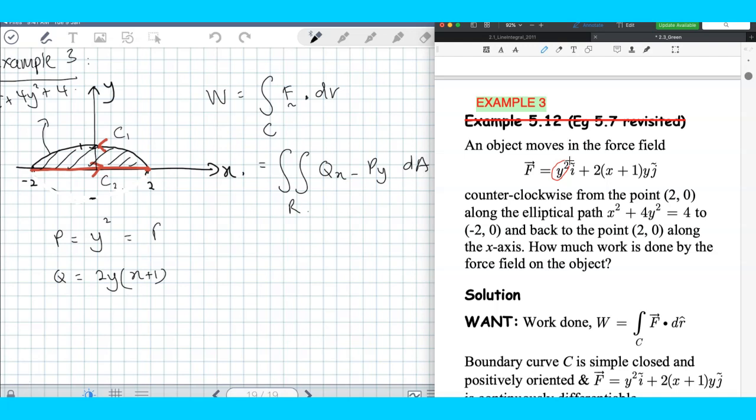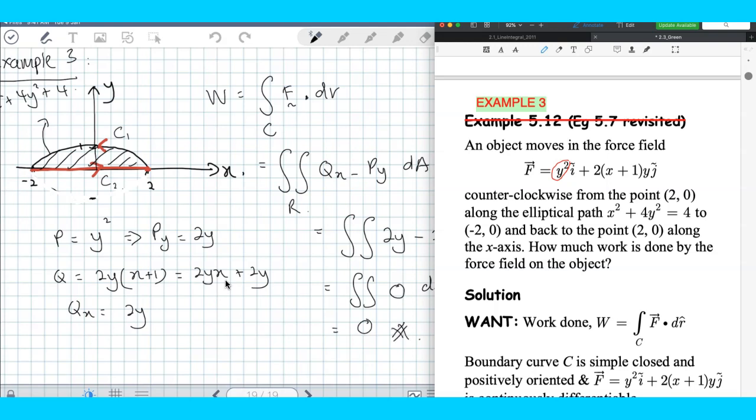So Py is 2y, and then Qx. When you differentiate partially with respect to x, you only have 2y. So when you substitute here, Qx minus Py gives you 2y minus 2y dA, and the integrand is 0, so the answer is 0.